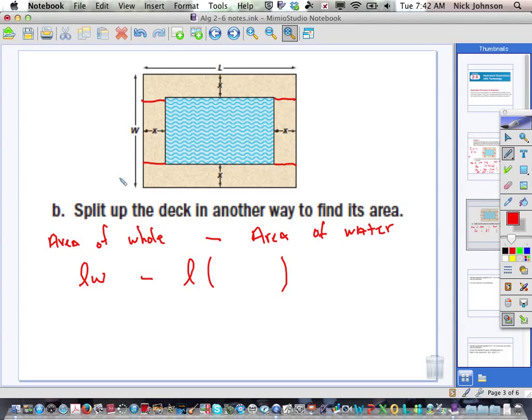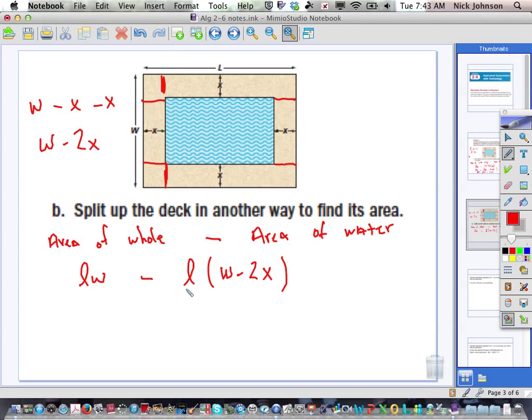What's my width? Well, my width is W, and what I have to subtract is an X and another X. 1X here, 1X here, correct? So it's W minus 2X. So I put W minus 2x in here.